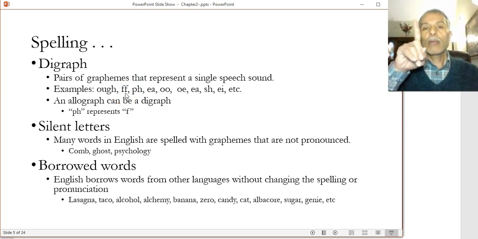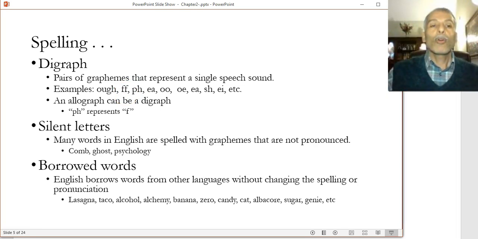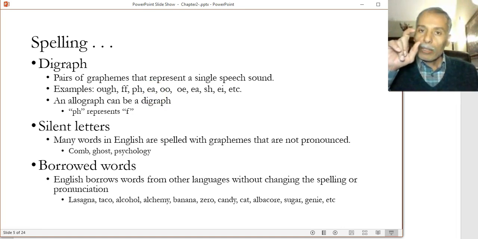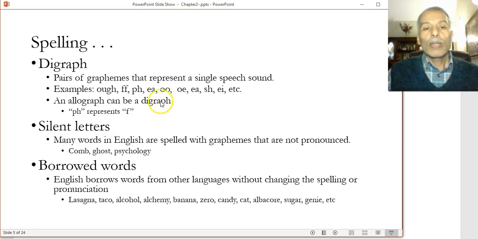It gives you a single sound, f, or PH. These all, GH, FF, PH, give us that phoneme f. And then EA gives us a single sound, which is the E as in each, peach. OO gives us a single sound as in O.